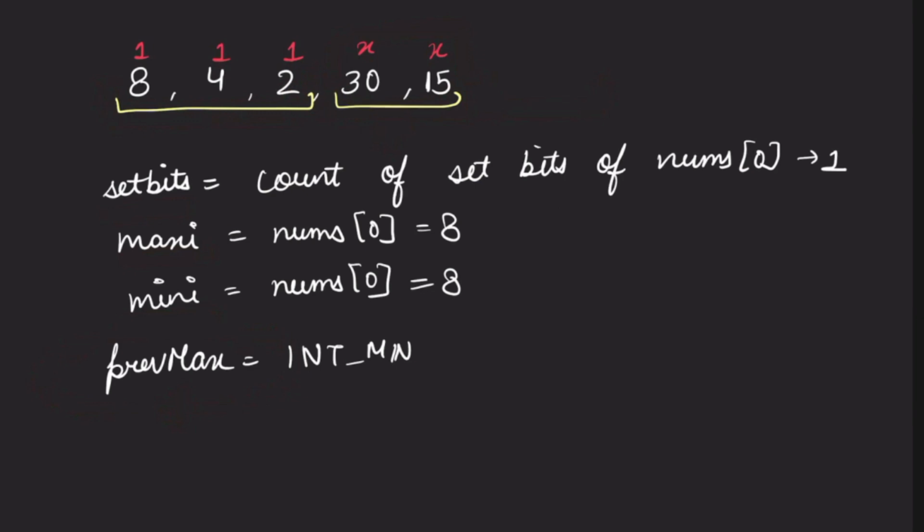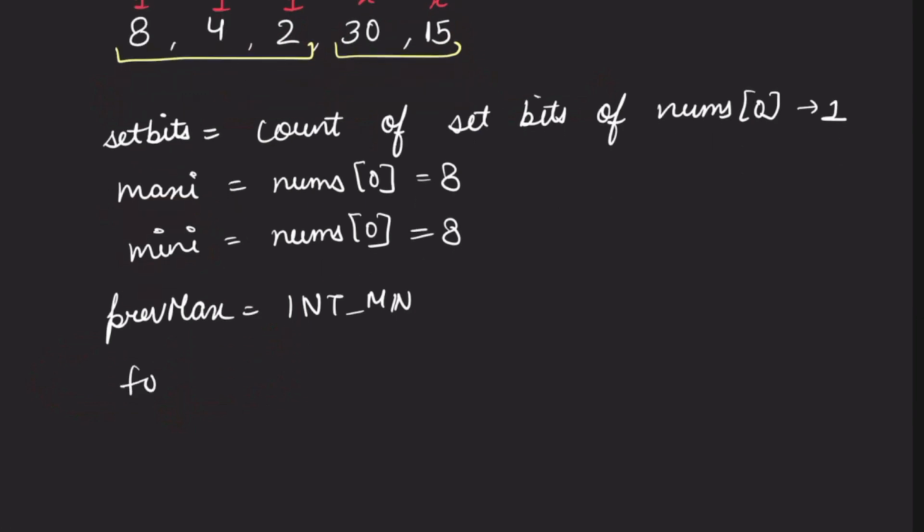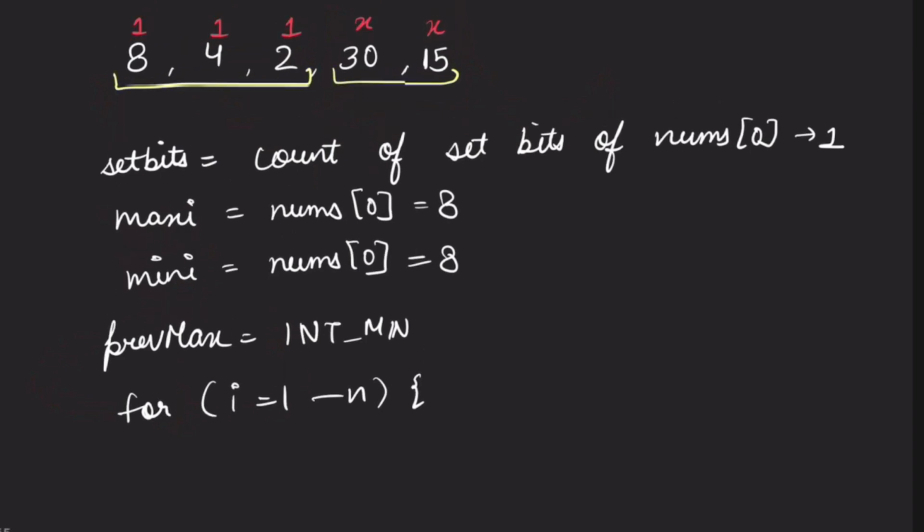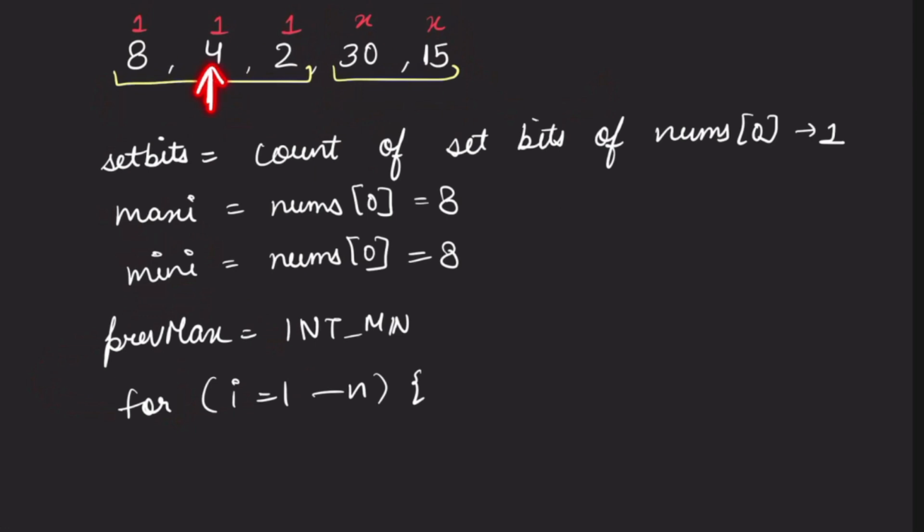Now you can start iterating in your array from i equals 1 till the end. Inside this, when you are at an element, first you check whether this particular element is lying in the current segment or not. How do you check that? You identify how many set bits are there in this element and check whether it equals the set bits.